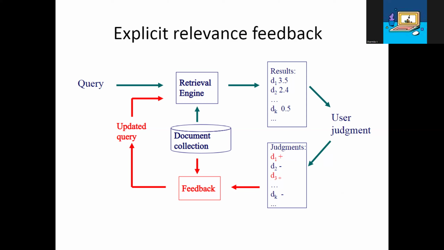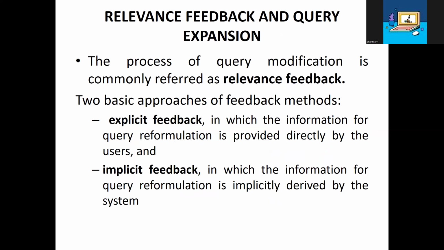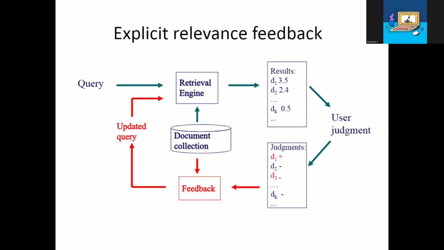The reformed query is again given to the retrieval engine, results are taken again, judgment is given again, feedback is taken again, and the query is reframed again. This is a cyclic process done in explicit relevance feedback by the user, in which the information for query reformulation is provided directly by the user.